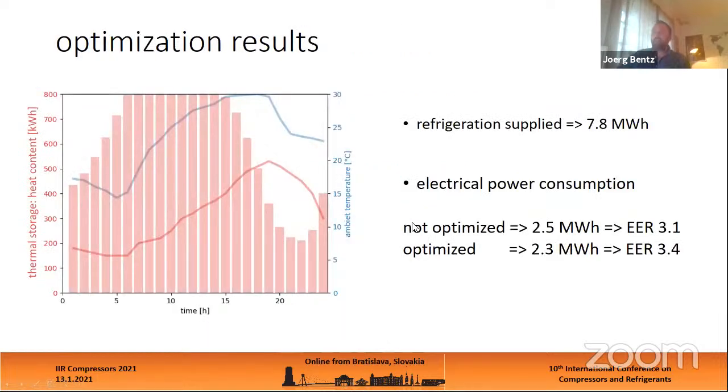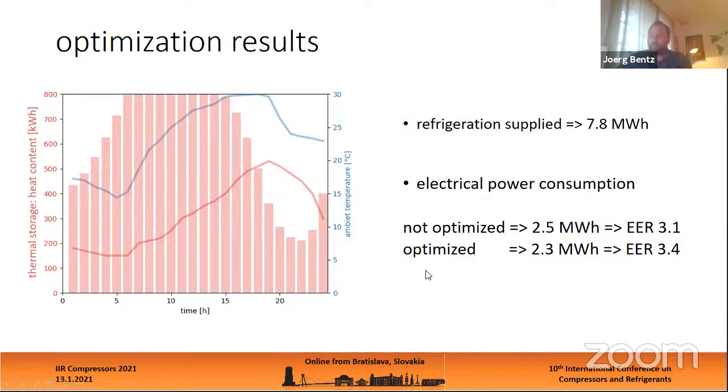Okay, and a possible result here: I just optimized one day of operation for this system, where we had a refrigeration supply of 7.8 megawatt hours, and in the not optimized stage we had 2.5 megawatt hours, which shows an electrical efficiency ratio of 3.1.